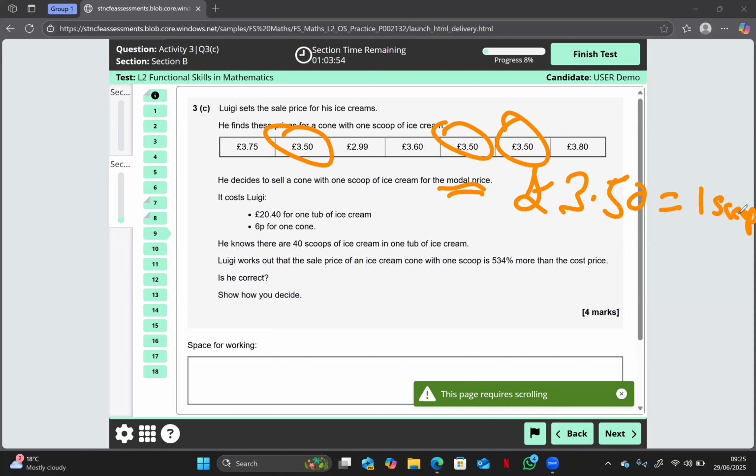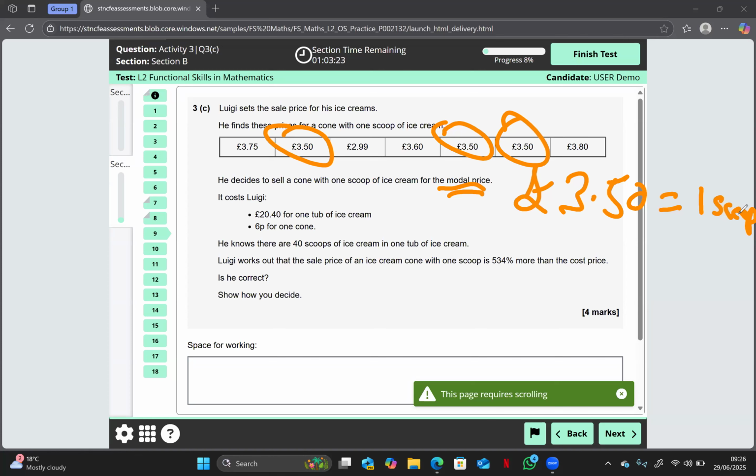So let me read this again. Luigi sets the sale price up for his ice creams. He finds these prices for a cone with one scoop of ice cream.